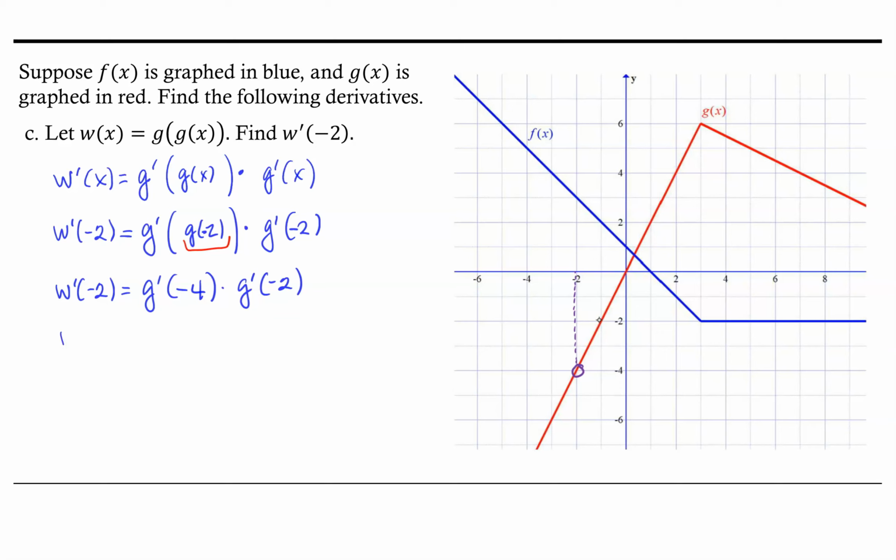So we would end up with w prime at -2 equaling 2 when x is equal to -4 times 2 when x is equal to -2, again because they are on that same line segment and therefore will have the same slope. And of course we showed earlier that the derivative of a linear function is its slope. So w prime at -2 is equal to 4.